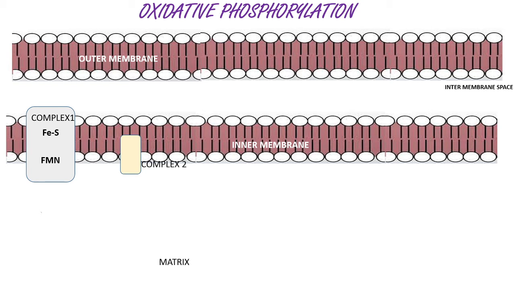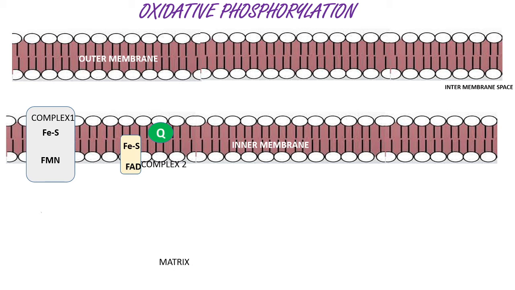So it contains FAD. The electrons transferred from FADH2 are accepted by FAD, and eventually these electrons are transferred to iron sulfur center clusters. Another very important molecule of the ETC is ubiquinone.